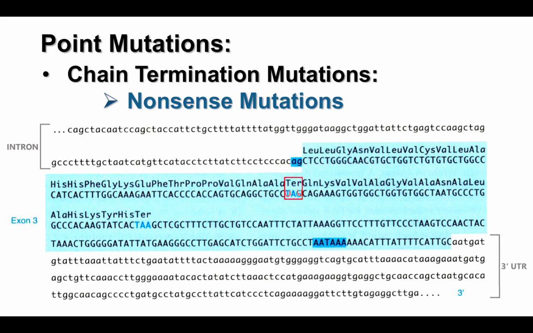As a result, translation is going to be terminated earlier. So what's going to happen is we are going to get an abbreviated or truncated polypeptide. Often these truncated polypeptides are innately unstable and dysfunctional. As a result, they are often degraded and make no contribution towards their normal roles.